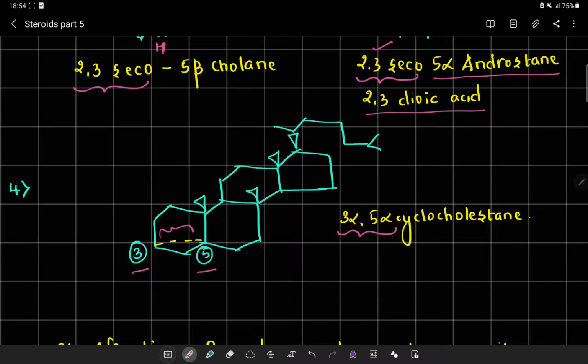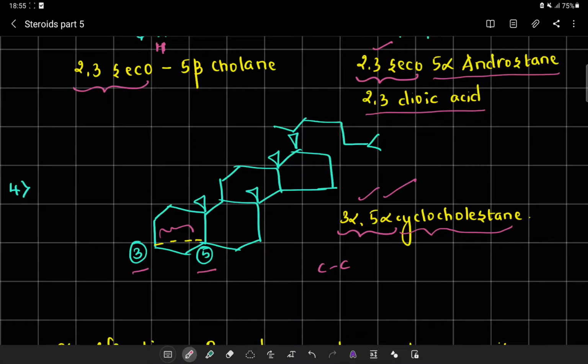Hence, it has to be written as 3 alpha, 5 alpha, where we have this new C-C bond formation, followed by cyclo. Hence it is a three-membered ring, and it is the cyclocholestane system. A three-membered ring is formed between 3 and 5, and hence it is 3-alpha,5-alpha-cyclocholestane system. So numbers have to be indicated where the new C-C bond formation takes place, followed by cyclo, and then giving the whole nomenclature of that particular steroid.